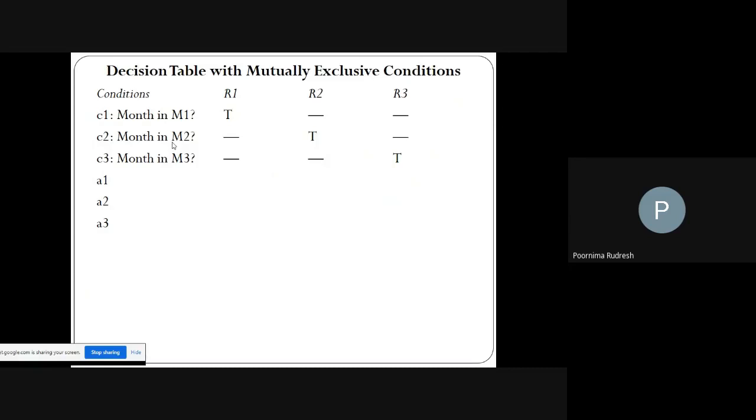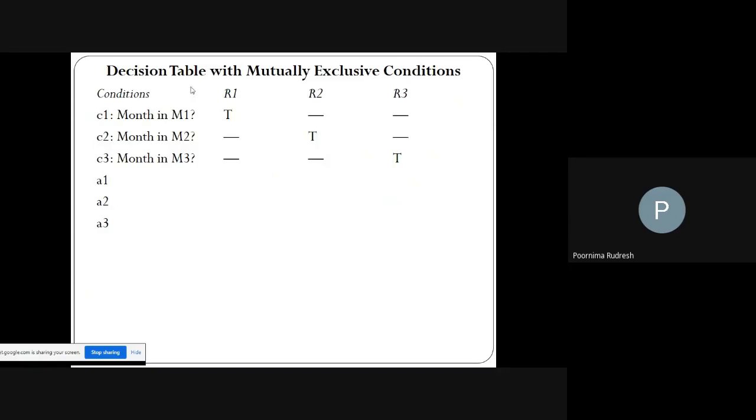Why? Because for the month we have to consider whether the month consists of 31 days, or 30 days, or 28 days, or 29 days, right? So mainly we have three types: the month which consists of 31 days, the month which consists of only 30 days, and the month which consists of 28 days.